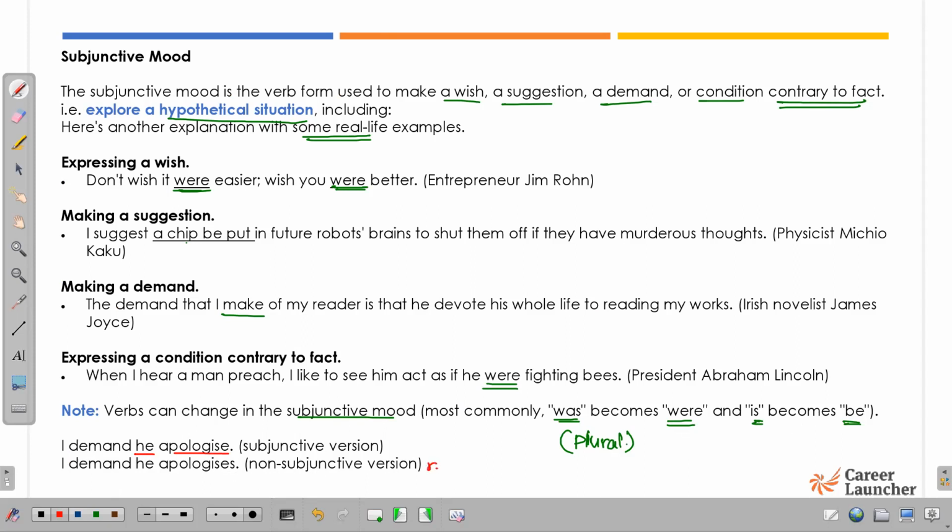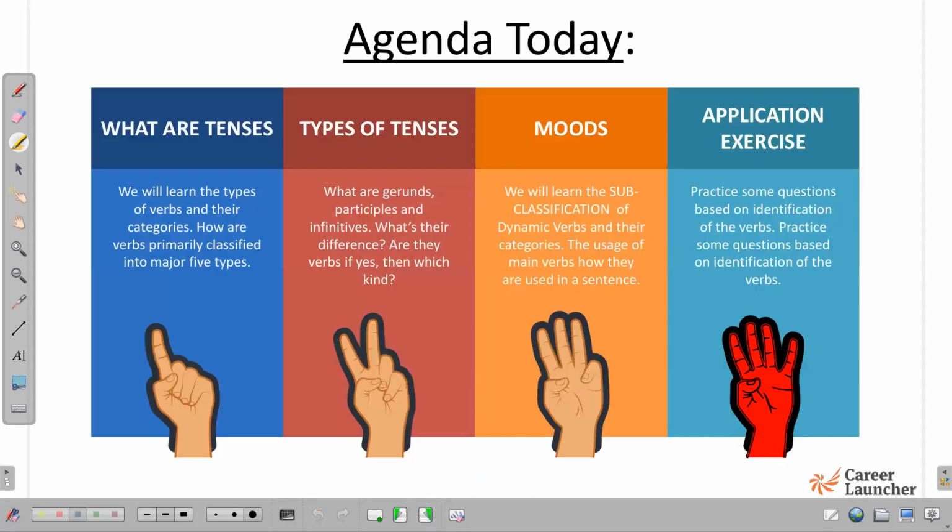So this is real and this is a wish. This is a hypothetical condition. I demand he apologizes is a wish. This is not going to happen. Very interesting case. Please remember that they will always be using more or less plurals. And when a singular noun agrees with a plural, it's going to be indicative of a subjunctive mood.